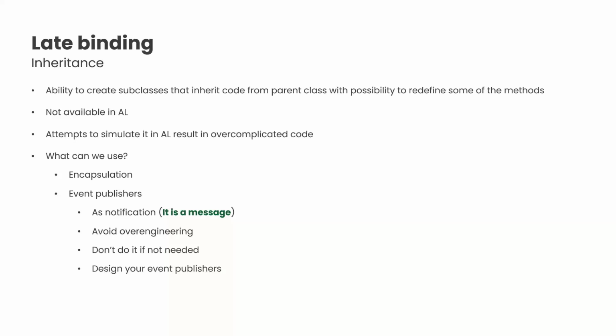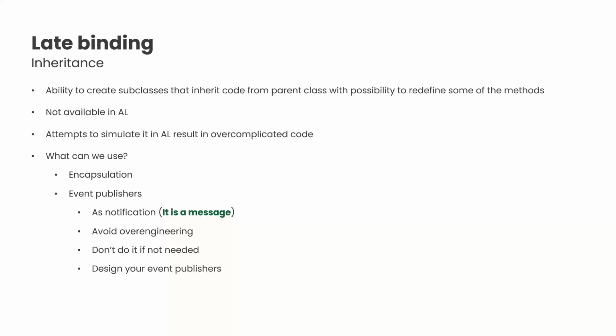So what we can use, if you need some kind of inheritance, is encapsulation. And what I mean by it is an idea that I remember from a very old Visual Basic book from something like the year 2000. At that time, Visual Basic had interfaces, but it was not possible to have inheritance in that old VB. So the suggestion was encapsulation.